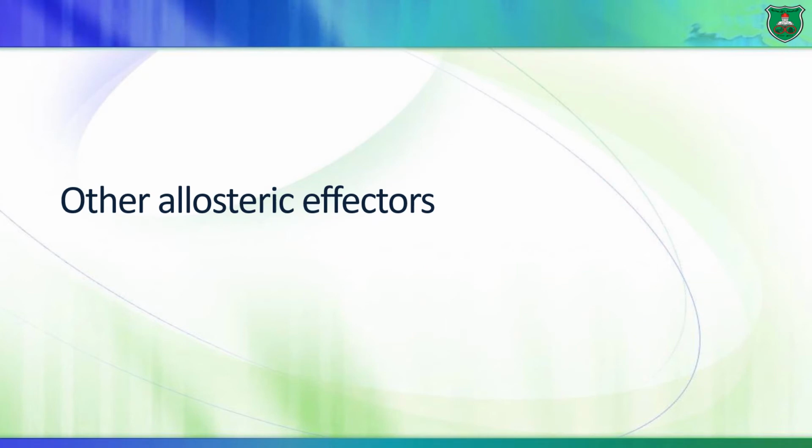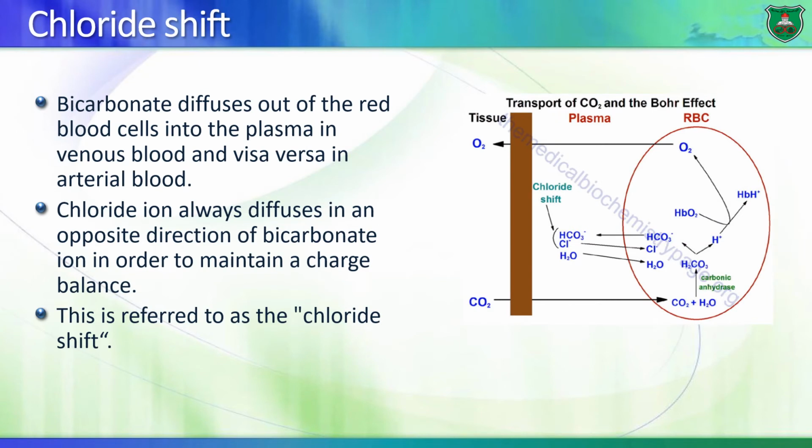So let's talk about the other allosteric effectors. There is a phenomenon known as the chloride shift. And this is an important phenomenon. So what happens here is that you have transport of the bicarbonate ion in and out of red blood cells. That means that there is charge movement across the plasma membrane, and the difference in charge must be maintained.